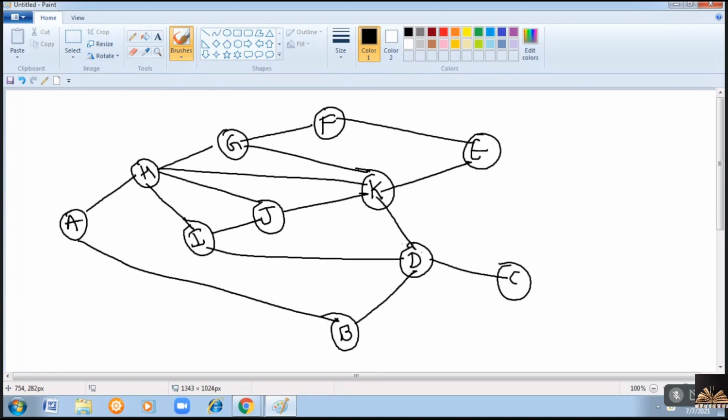Yes, take down this graph, all of you. Using Welch-Powell algorithm, we'll see how to color this graph.